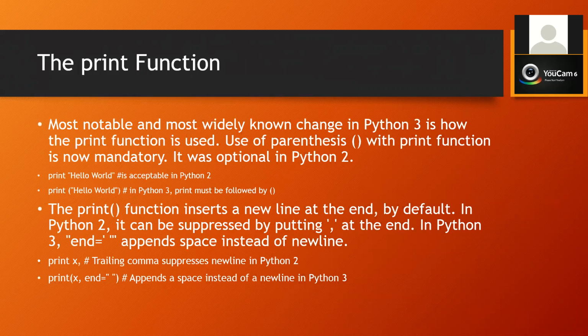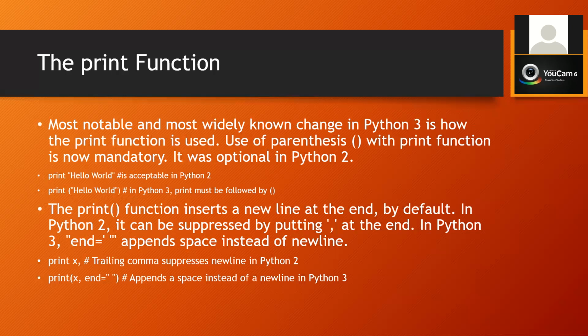The most notable and widely known change in Python 3 is how the print function is used. Use of parentheses with the print function is now mandatory. Those brackets, parentheses, you have to use.